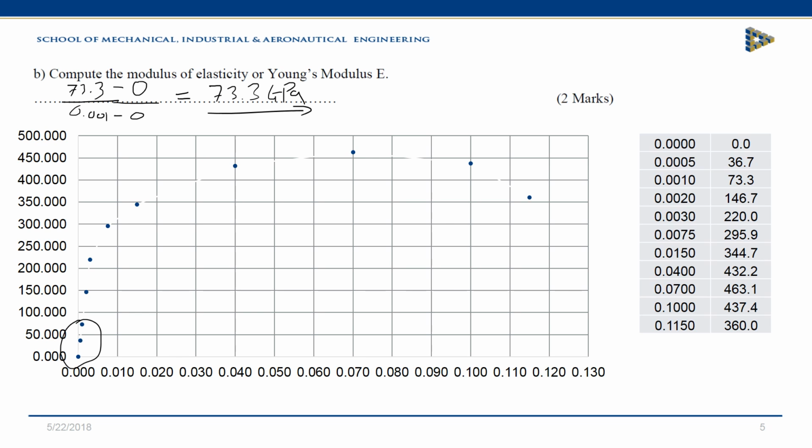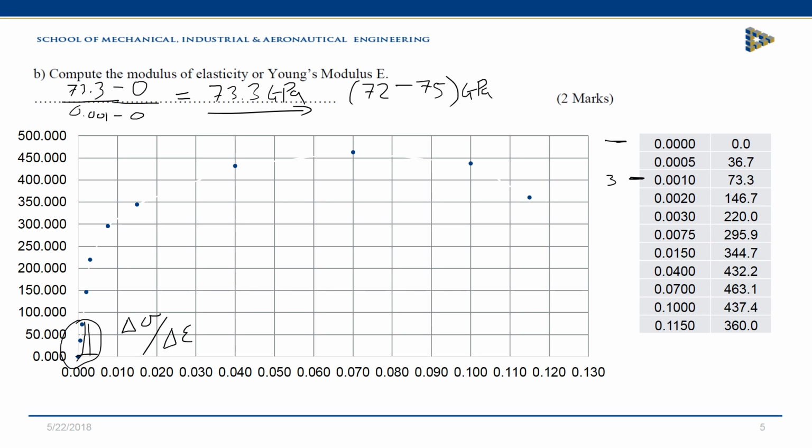In this case, I would accept an answer of anywhere between 72 and 75 GPa, depending on how you did the calculation. That was pretty simple. I just calculated the slope, the change in stress over the change in strain.